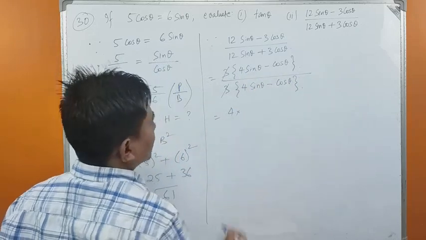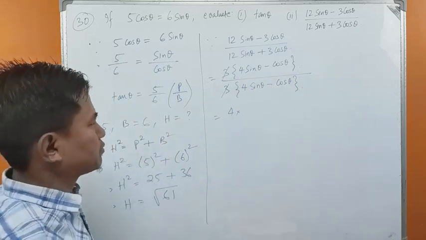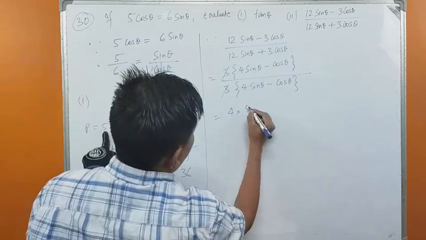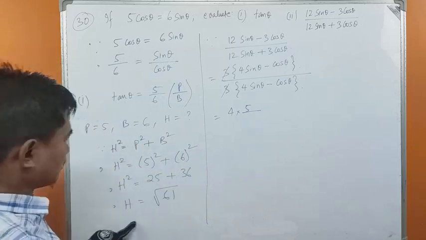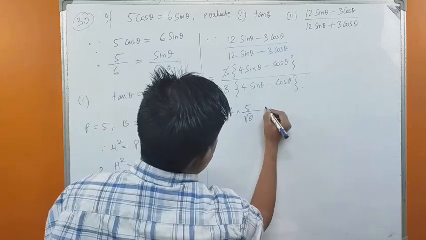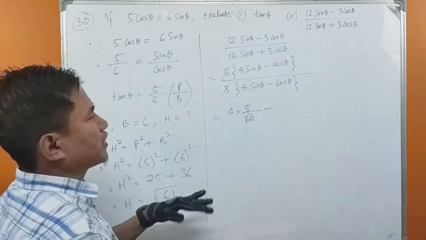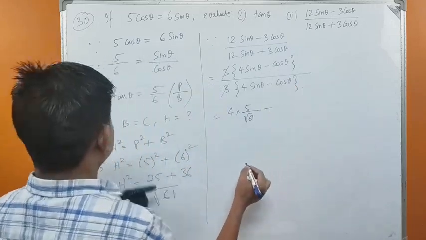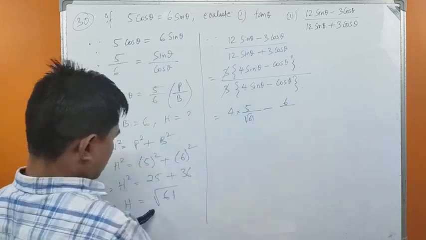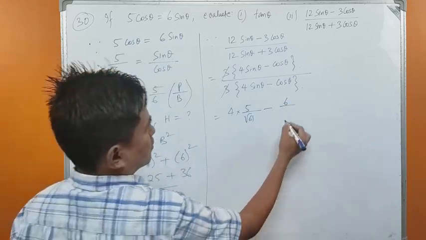So sin theta is perpendicular upon hypotenuse. What is perpendicular? Perpendicular is 5. And what is hypotenuse? Hypotenuse is root 61. Minus cos theta, which is base upon hypotenuse. Base is 6. Hypotenuse is root 61.